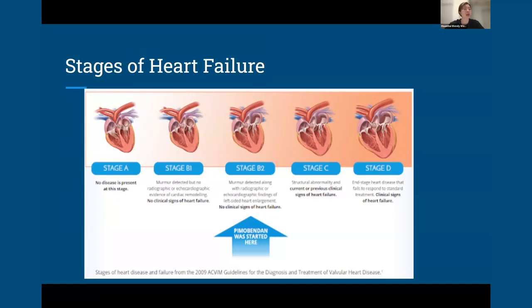So then we ask our patients to get a radiograph and/or echocardiogram done, and there is no cardiac remodeling at this point, and there's no clinical signs of heart failure. And then stage B2, a murmur is detected already, and there are radiographic and echo changes and left heart enlargement, but there are no clinical signs of heart failure yet, okay?